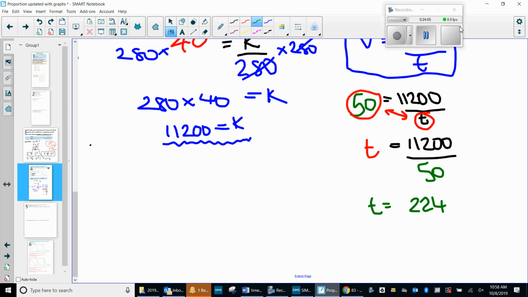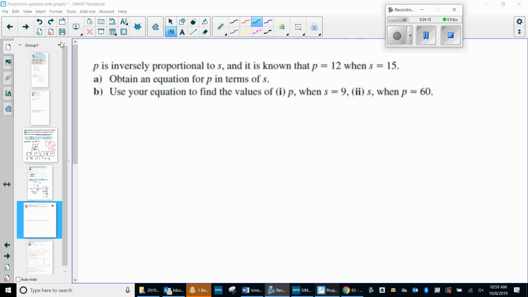Right, so this example says P is inversely proportional to S. So our first statement is P is proportional to, we don't just write S now, do we? Because it says inversely. Nice, 1 over S. That's our first step, because it's inversely proportional.